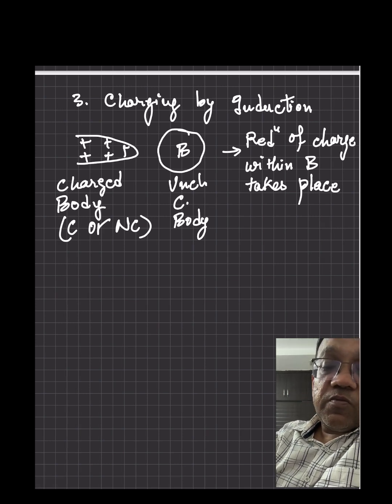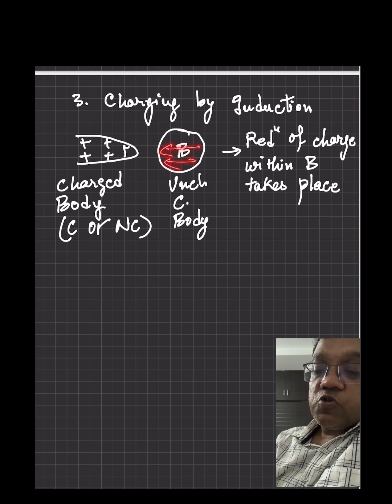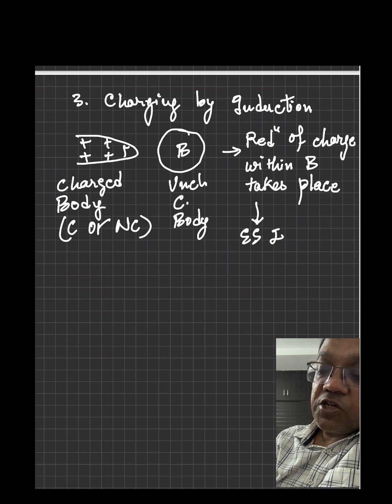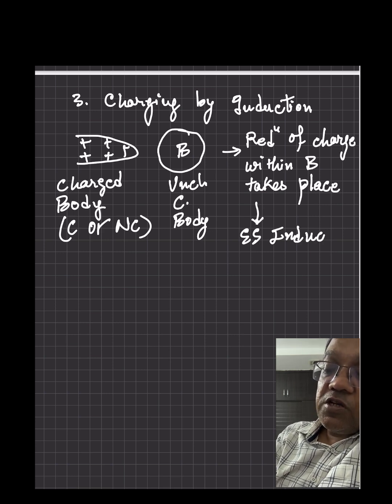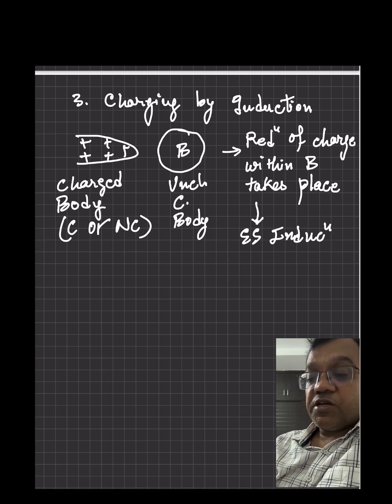It will create some electric field in its surrounding region like this, and in that electric field some electrons will move like this. So redistribution of charge takes place. This redistribution of charge within the body we call the phenomenon of electrostatic induction.